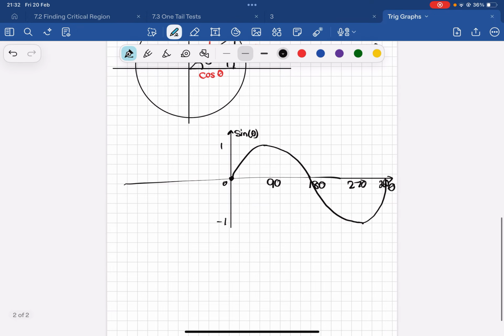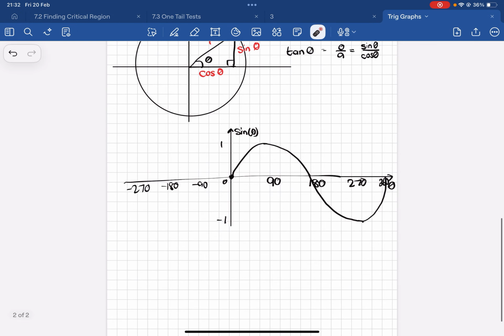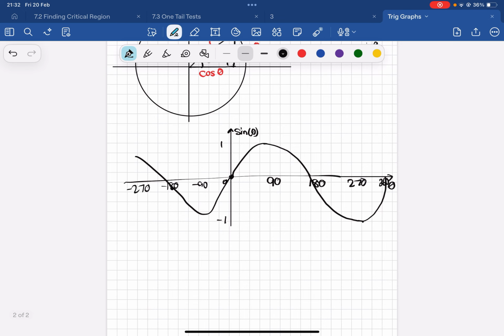We can say the same going into the negative theta values. Because of this idea of periodicity, 360 would have been there.